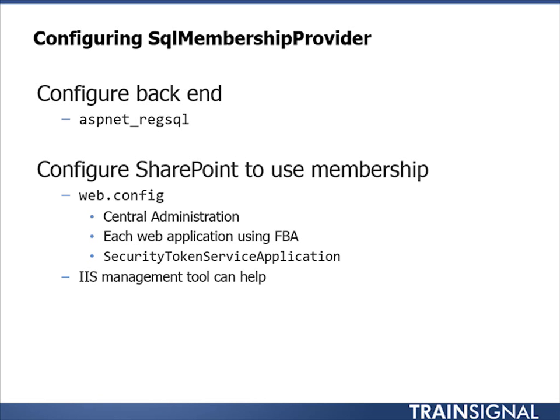Now, this needs to be done inside of the web.config file. This needs to be configured for central administration, so that way central administration knows that we're using forms-based authentication. It needs to be configured for each web application that's going to use this provider for forms-based authentication. And it also needs to be configured on the Security Token Service application.